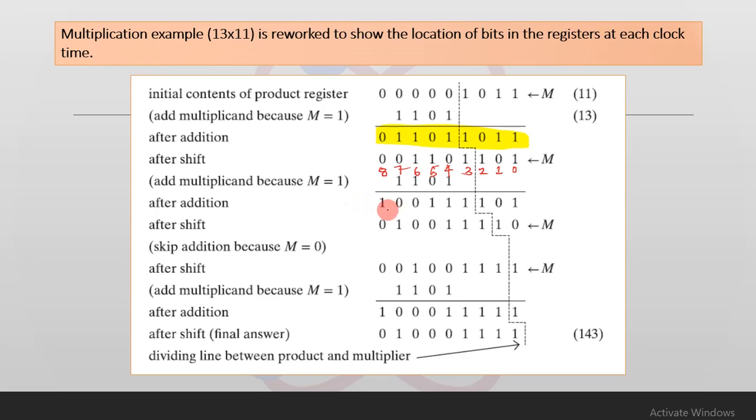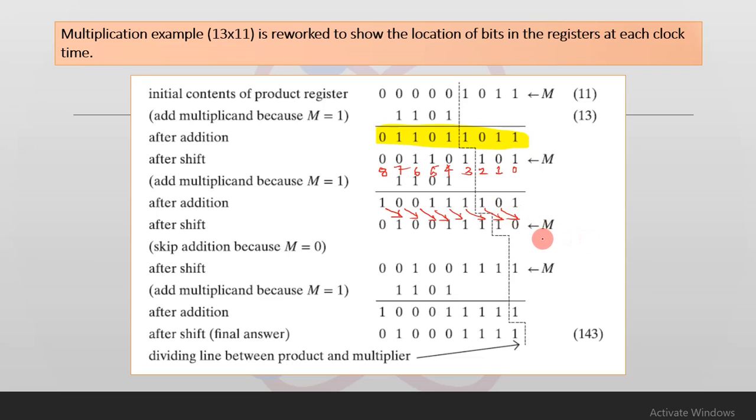So now since we have obtained the addition result, we are going to perform a shift again with the 8th bit position having a 0. So this 1 will come here, this 0 will come here, this 0 will come here, this 1 will come here, 1, 1, 1 and this 0.